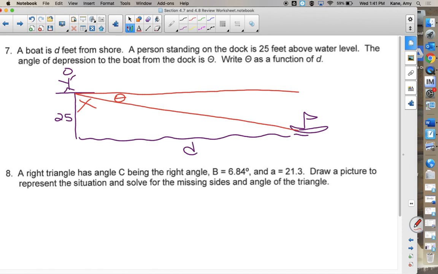If I have a diagram drawn, and this is a horizontal, the distance that the person is above the water on the dock, horizontally going over is the same distance if I could just keep walking in the air, going over to be above the boat. So if you look at the angle, you have opposite over adjacent, so that's tangent.